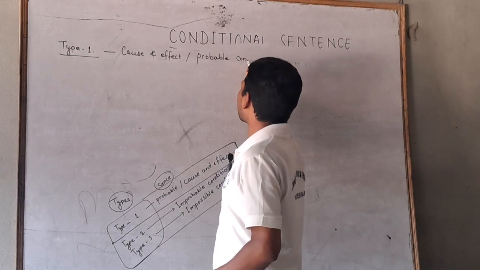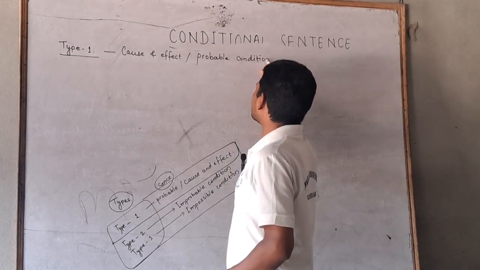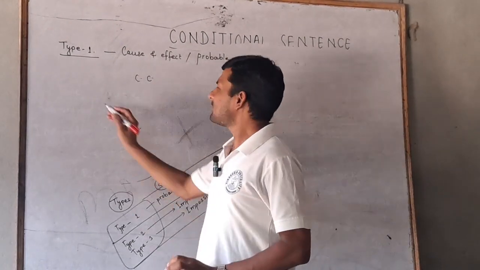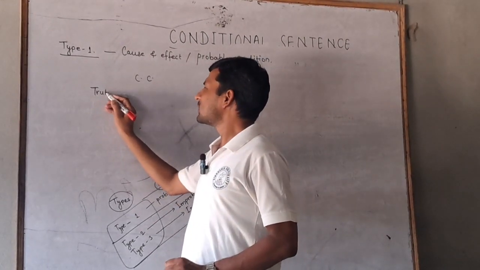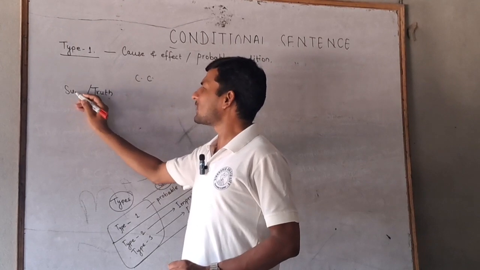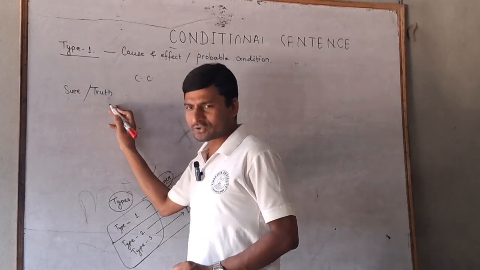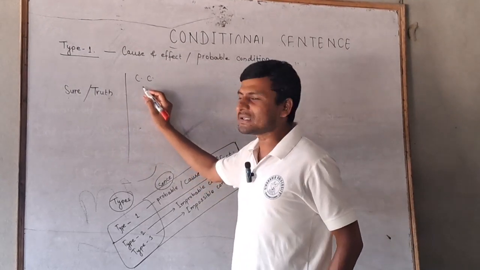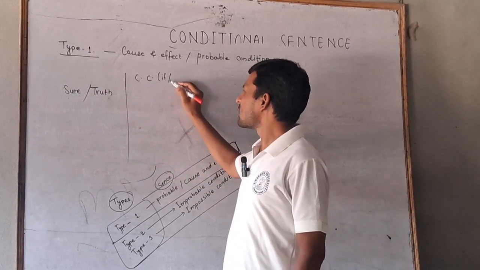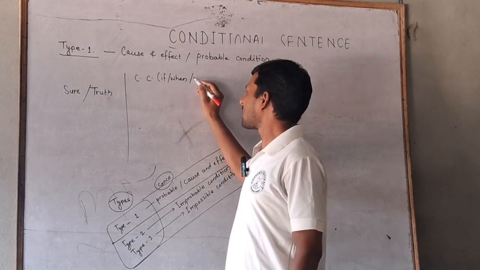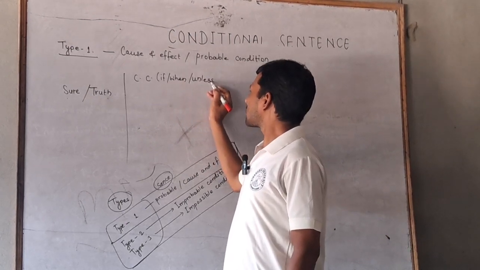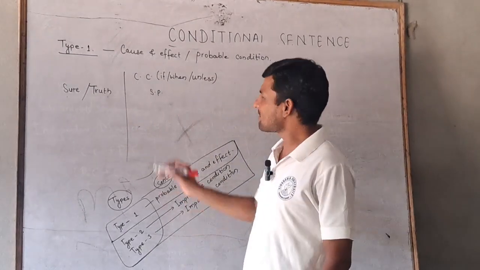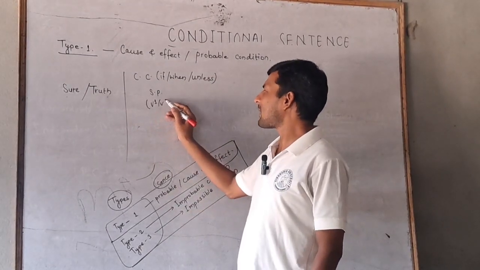In this, in CC, if it is truth, or you are sure, then in the CC, the if clause, when clause, unless clause, you can use simple present, verb 1 and verb 5.